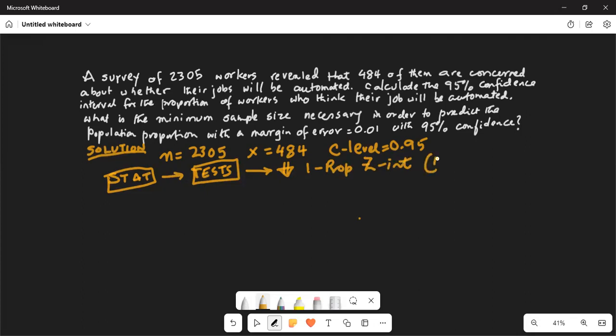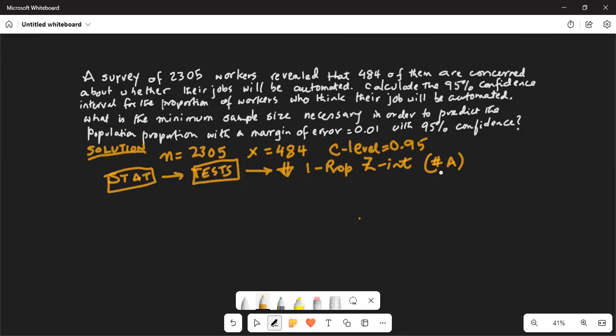This is number A under test. Okay. So on the TI-84, stat, test, and we scroll down to one prop Z int and hit enter.